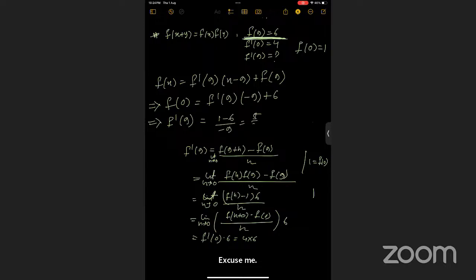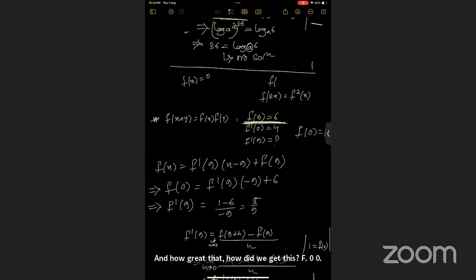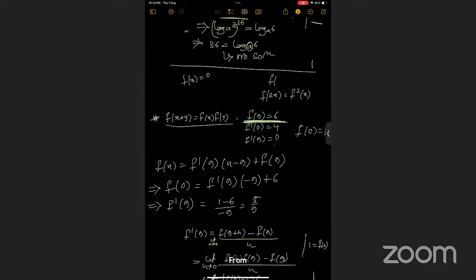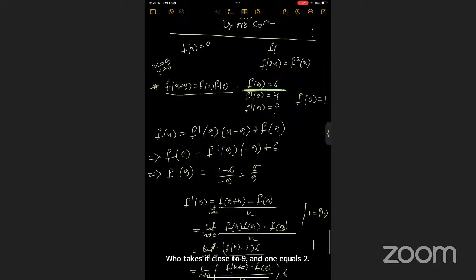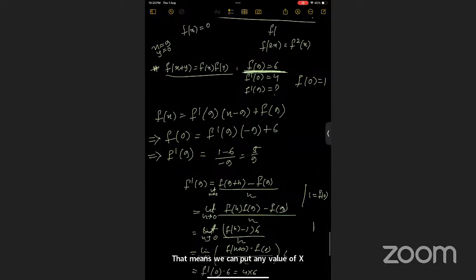Ma'am, how did we get this f of 0 equals 1? f of 0 equals 1 from this equation. Put x equals 9 and y equals 0. Then we can put any value of x and y in this equation, if it is in the domain, then it will satisfy the condition, right?